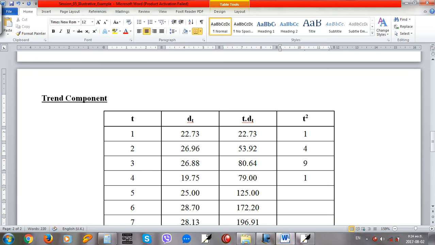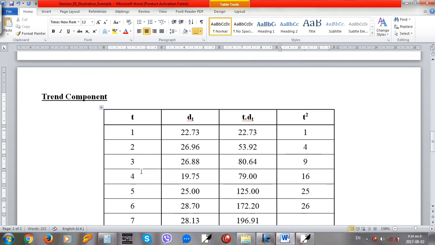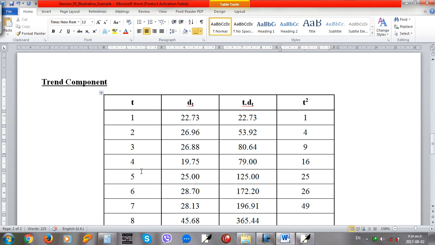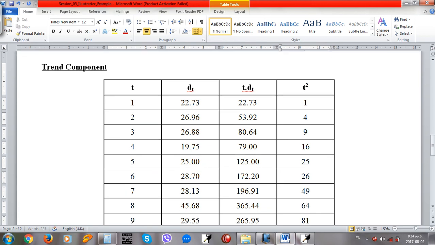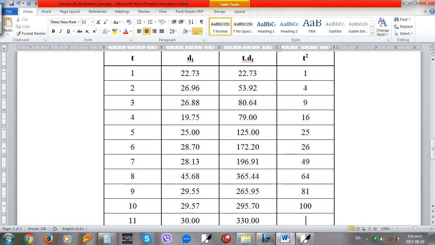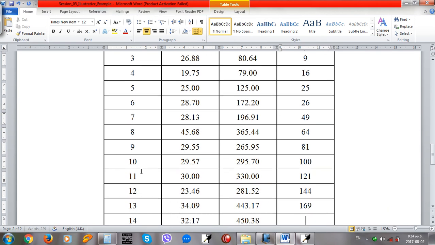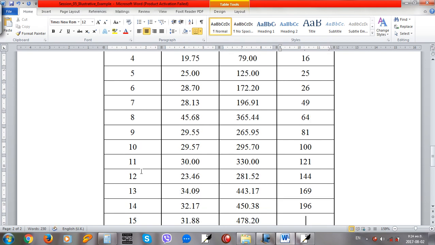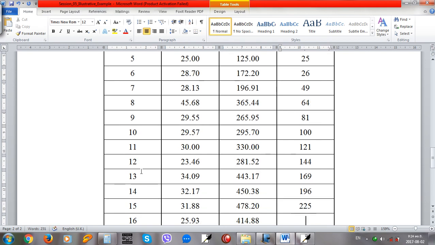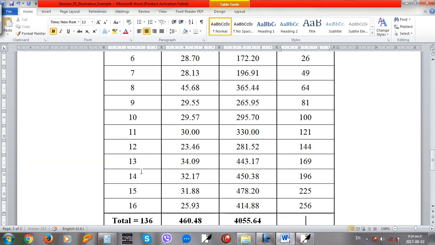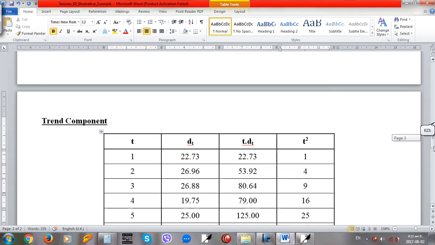Likewise you can take 25, 36, 49, 64, 81, 100, 121, 144, 169, 196, 225 and 256, right? If you take the addition of these values, you get 1496, the sum of this column.